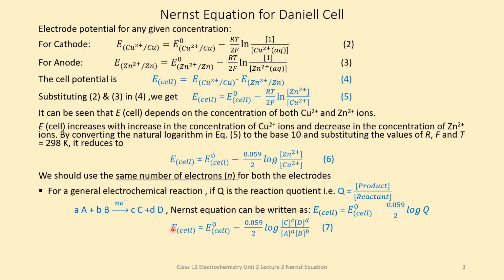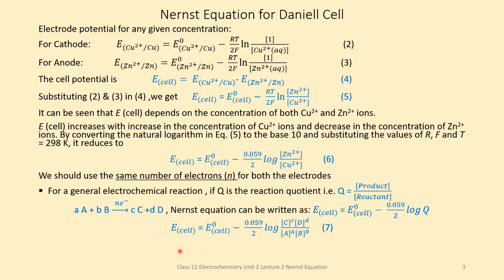So it is capital A to the power of a into capital B to the power of b. So I will read this form once again. For a general electrochemical reaction, aA plus bB forming cC plus dD, the products are small c into capital C plus small d into capital D, and the reactants are small a into capital A plus small b into capital B.